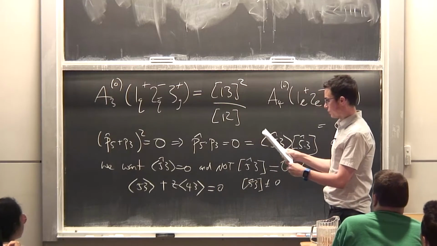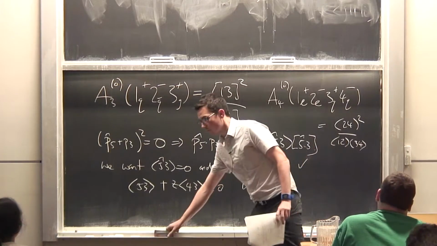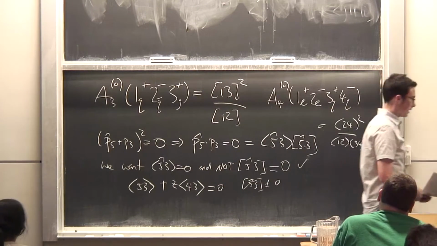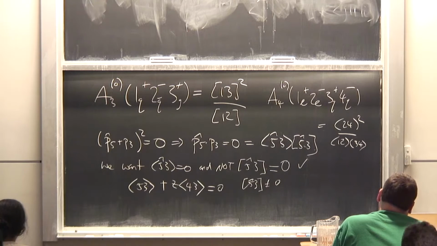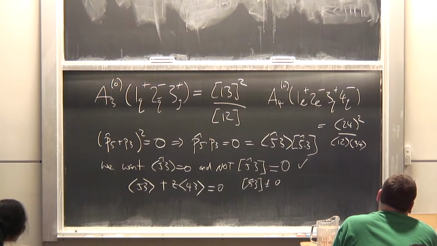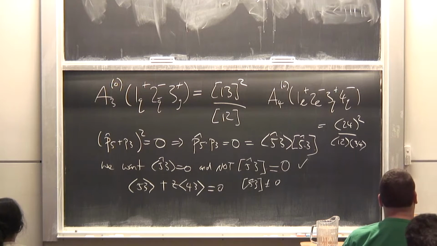Good. So that's the waffling way of saying that we're going to choose this shift here and not this one because it doesn't give us good behavior. All right. So now we can put these things together and calculate our amplitude.